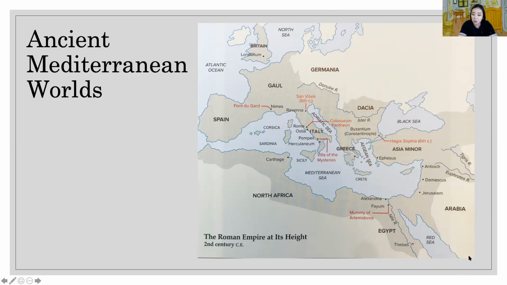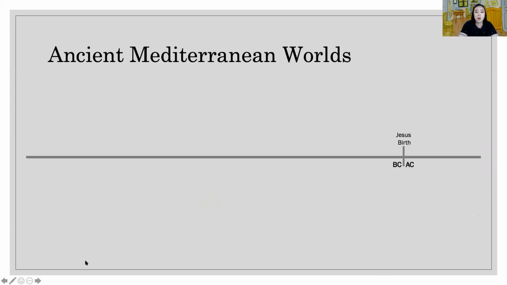Today we are going to see two big art threads of the Mediterranean world. The first one is Mesopotamia here, and the next one is Egypt. Let me show you the ancient Mediterranean world's timeline first.